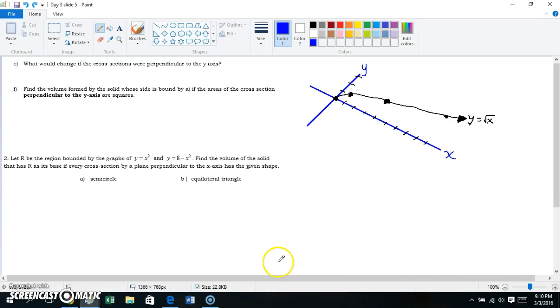All right, in part E, it says what would change if the cross sections were perpendicular to the y-axis instead of the x-axis. So let's take a look. We're going to cut off that region at 4.